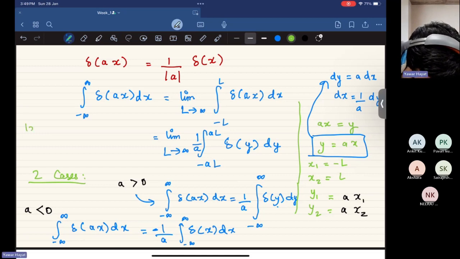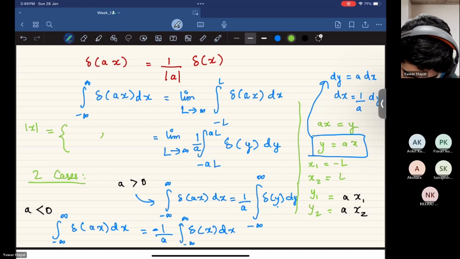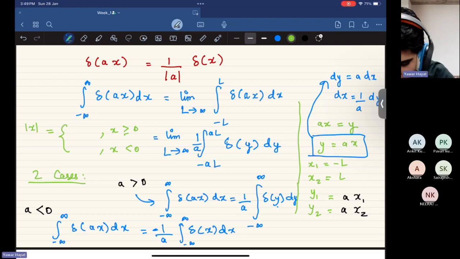Suppose I have modulus of x. When x is greater than or equal to 0, this modulus function is equal to x, agreed? And when this x is less than 0, this modulus function is equal to minus of x, right?